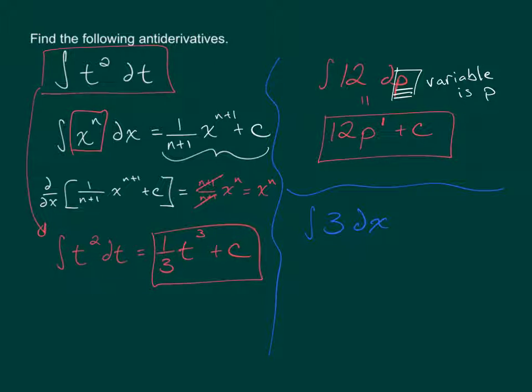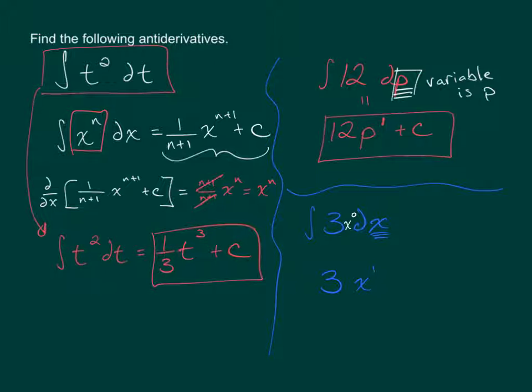Similarly, if you look at this example down here, you'll notice that x is the variable being used. So when we find the antiderivative for 3, really there's an x to the 0 power in here. And so we add 1 to that power.